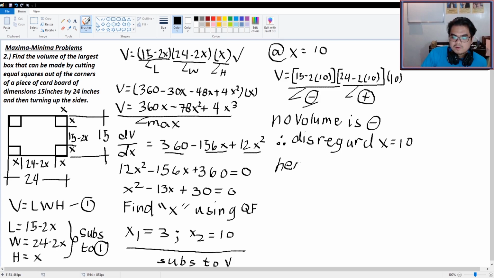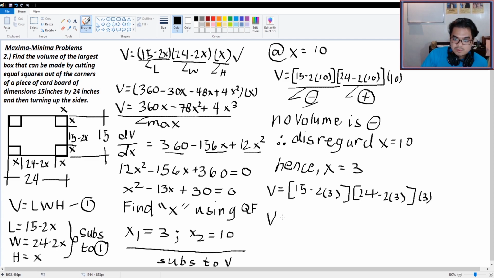Hence we can use x equal to 3. Okay, so using x equal to 3, you'll have V equal to 15 minus 2 times 3, and then 24 minus 2 times 3, and then times 3.